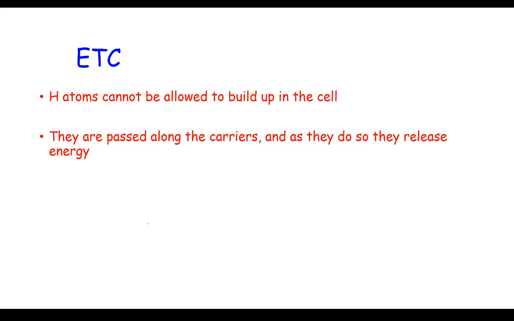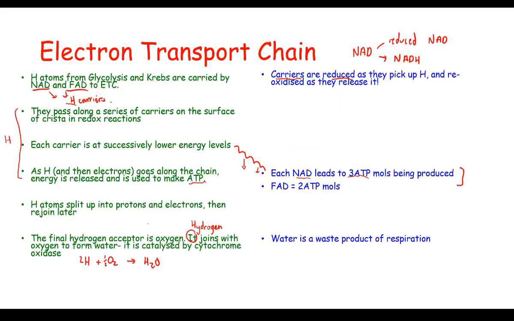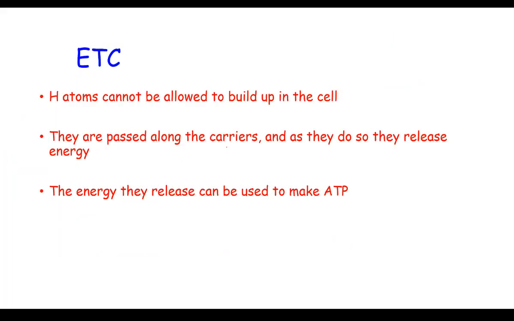Now, a couple of other points. So remember, the hydrogen atoms can't be allowed to build up in the cells. So they're passed along the carriers, and as they do so, they release energy. And that's because the carriers are at successively lower energy levels. So when we said that here, that's a really important keyword or key phrase that you need to use.